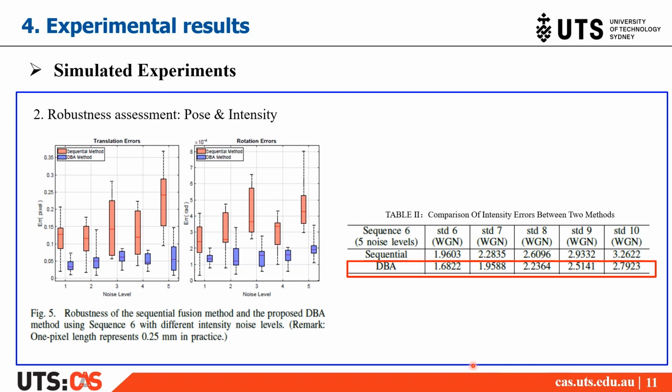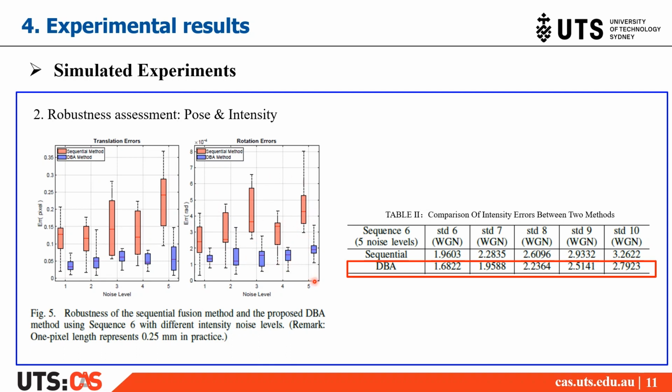The distribution of the mean absolute errors of translation and rotation calculated by the proposed DBA method and the sequential method is shown in the left figure. From the comparison of both errors, the proposed DBA algorithm has much better robustness to intensity noise than the sequential fusion method.